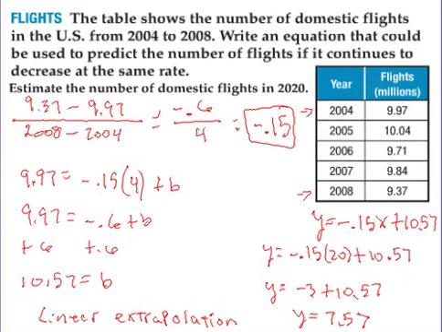We can't know for sure if it's going to be exactly on that line because stuff happens. Things like terrorist attacks and price fares and fuel prices, all those things affect whether or not people are traveling. So if they ask you for a linear extrapolation, all that means is they're going to use the equation you've written to try to make a prediction about the future. Okay? All right, here's your assignment.